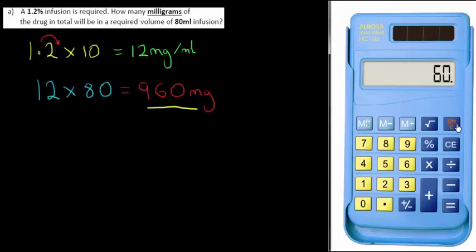Clear the decks. 1.2 times 10 should equal 12. Yes, it does. And then because we had 12 milligrams in 1 milliliter, if we now multiply that value by 80, we should get 960. And that confirms our answer to part A.